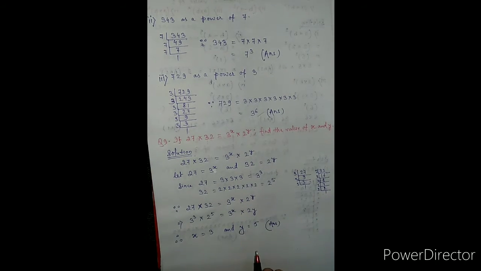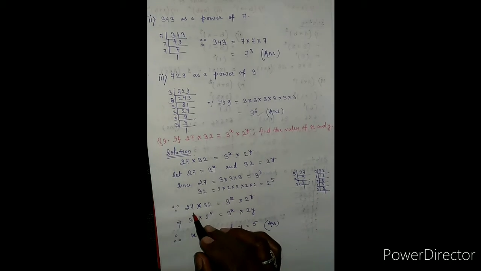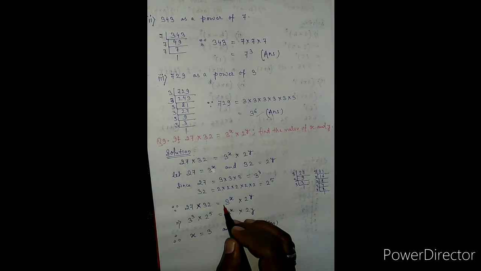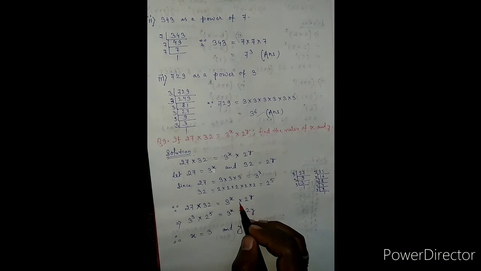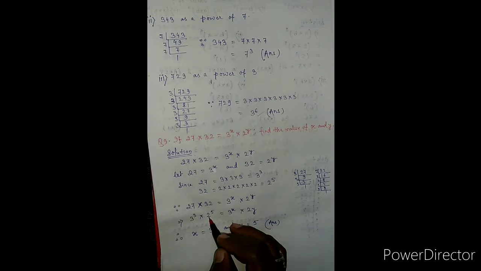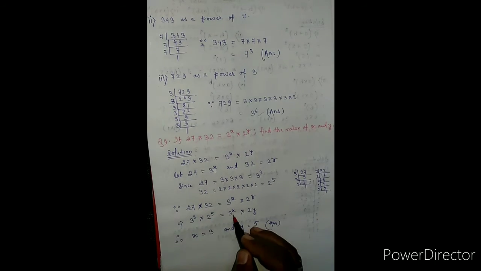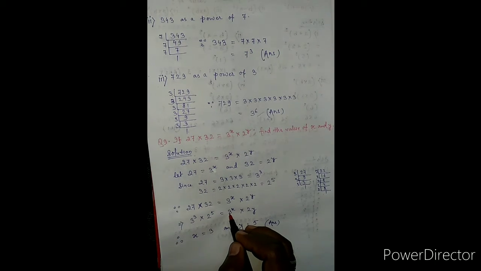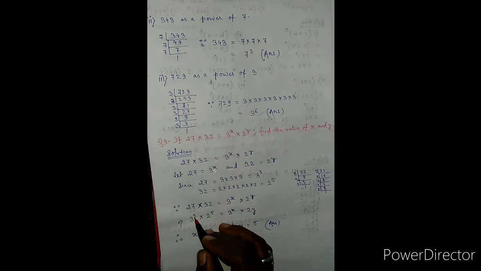Now here 27 into 32 is 3 to the power x into 2 to the power y, as given in the question. Now by putting the values, 27 is 3 to the power 3 and 32 is 2 to the power 5. Now see, 3 here is also the base, and the power is 3, so we can say that x is equal to 3.